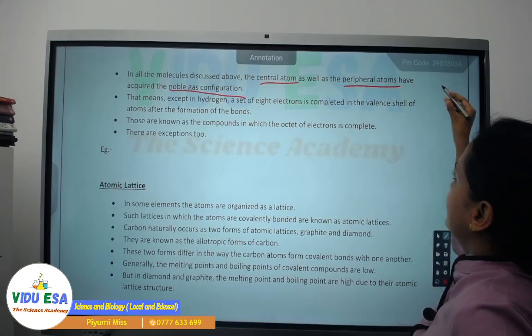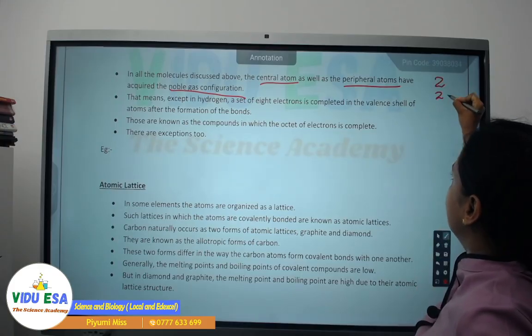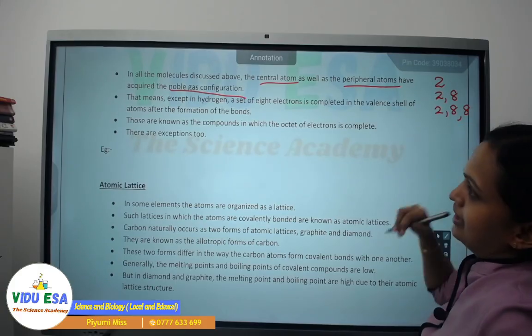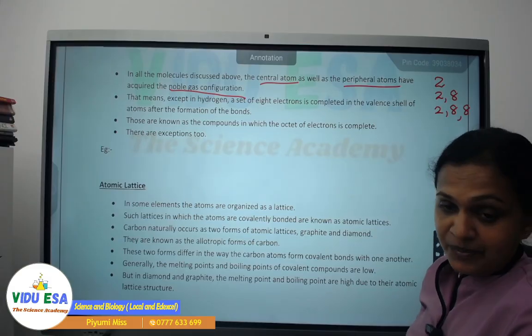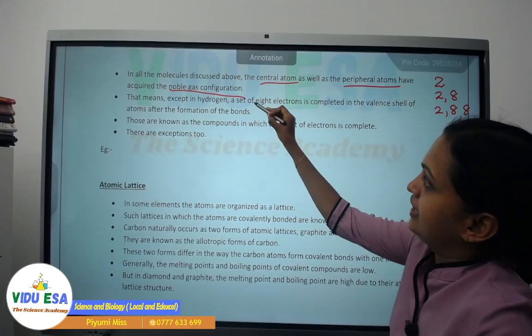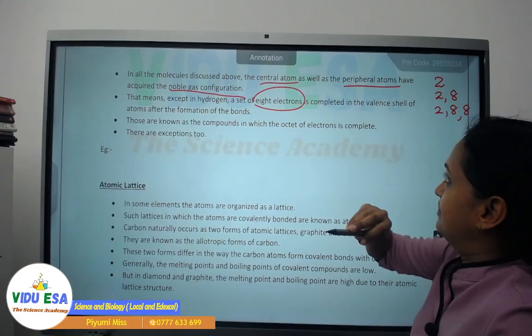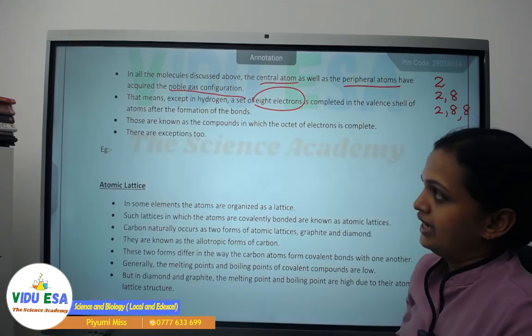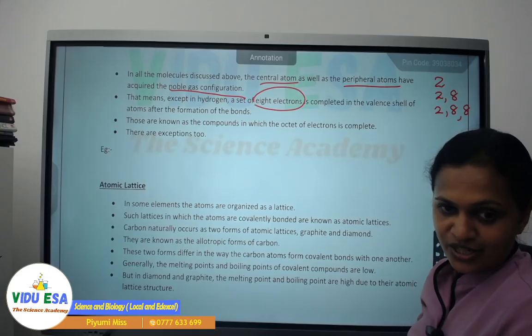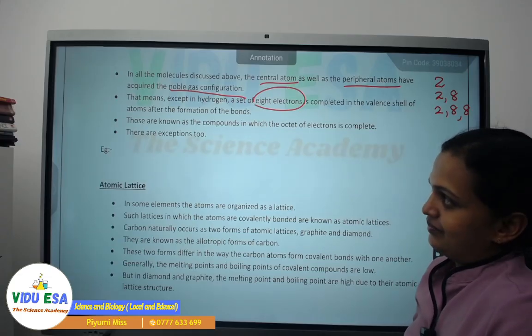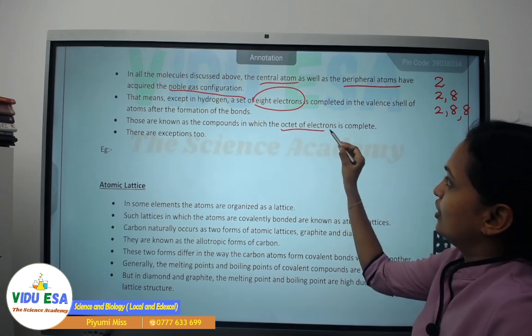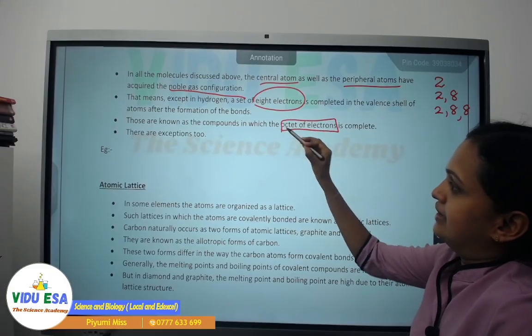So you can write the noble gas configurations here: 2, 8, 2, 8, 8, helium, neon, argon. That means except in hydrogen, a set of 8 electrons is completed in the valence shell of atoms after the formation of the bonds. Those are known as compounds in which the octet of electrons is completed.